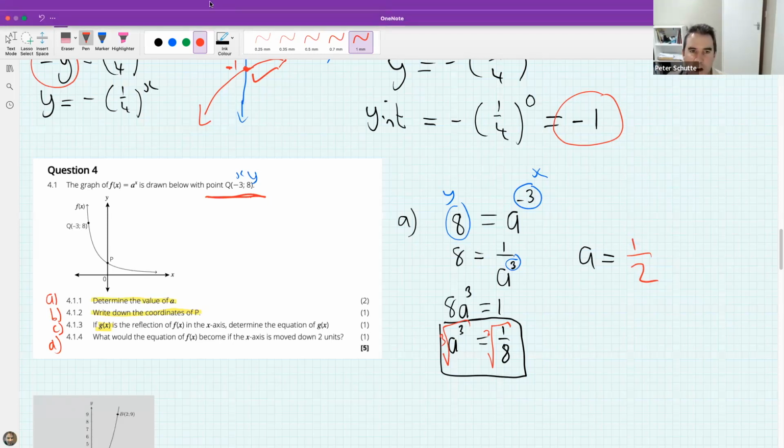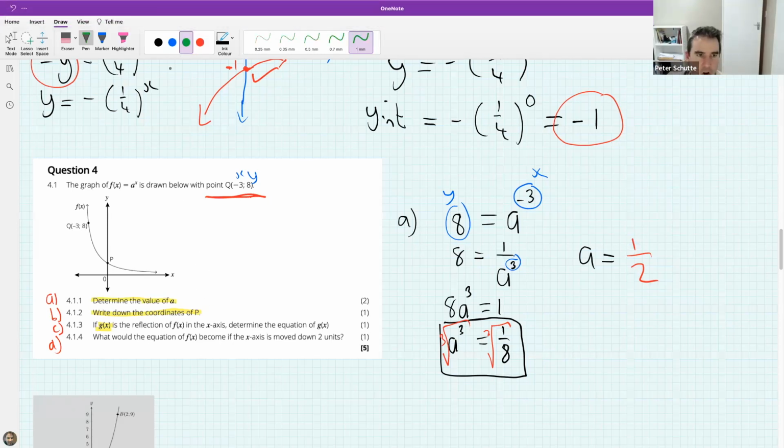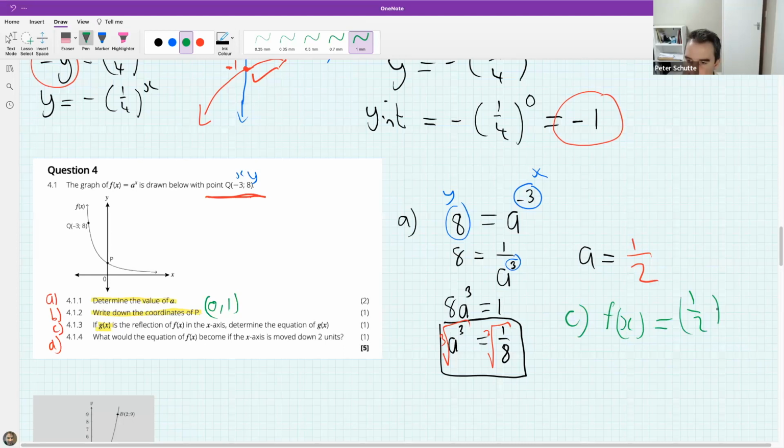Okay, now, unfortunately, we have run out of time, so I'm going to give you the answer for P. The answer for P is just going to be (0, 1). So that's going to be the answer for that. The last thing for today, I just want to know if g of x is a reflection of f of x in the x-axis. Okay, so you've got f of x is equal to a half to the power of x.